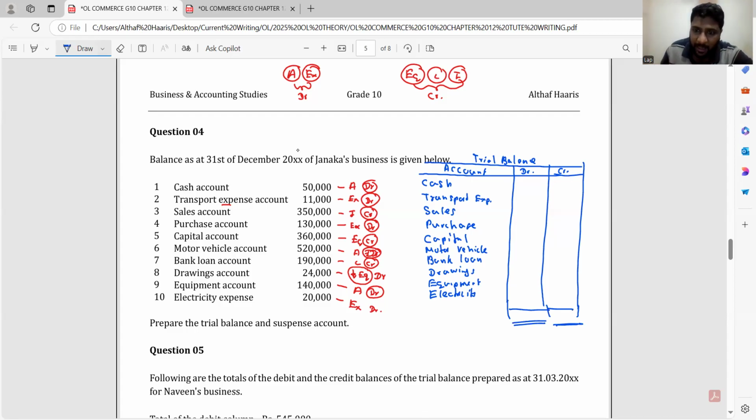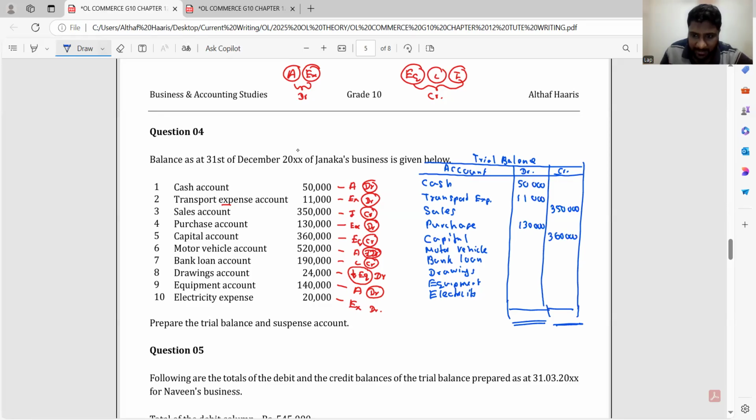Cash is asset account, so it is debit. Transport expense is an expense account, so it is debit. Sales is an income account, therefore it is credit. Purchase is an expense account, therefore it is debit. Capital is equity account, therefore it is credit.